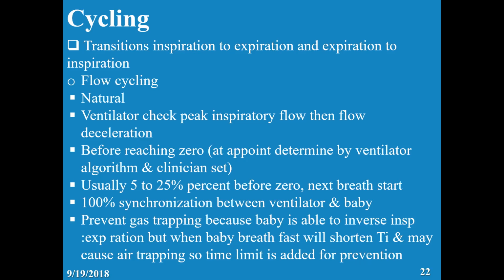And once it starts from a point determined by the machine or the clinician, because some ventilators are self-determined, usually it's between 5 to 25% remaining. And then the next breath starts from this determination.